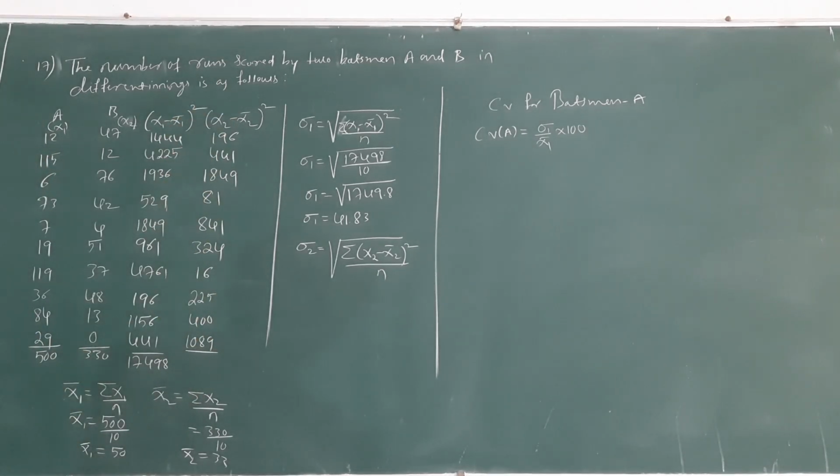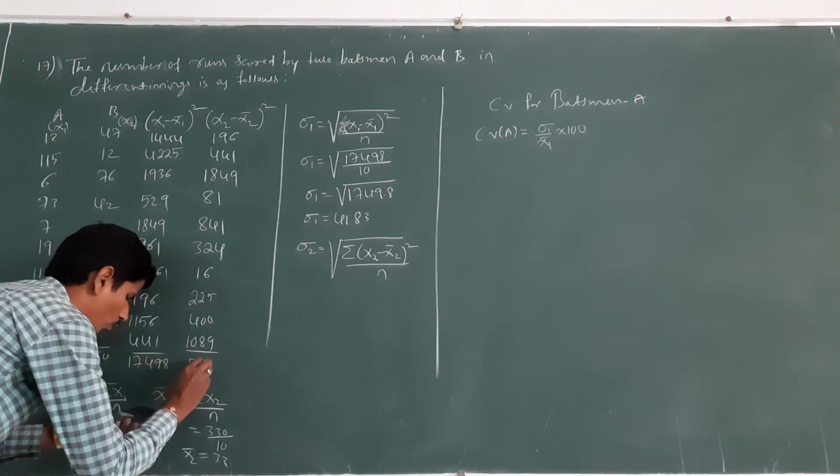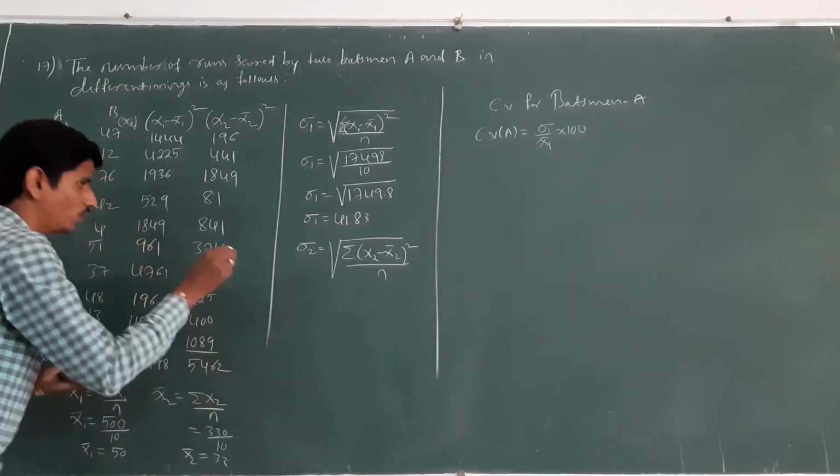The next we have to calculate the sum of (x2 minus x2 bar) square. Here 196 plus 441 plus 1849 plus 81 plus 841 plus 324 plus 16 plus 225 plus 400 plus 1089. Then we will get 5462. Then substitute the values.